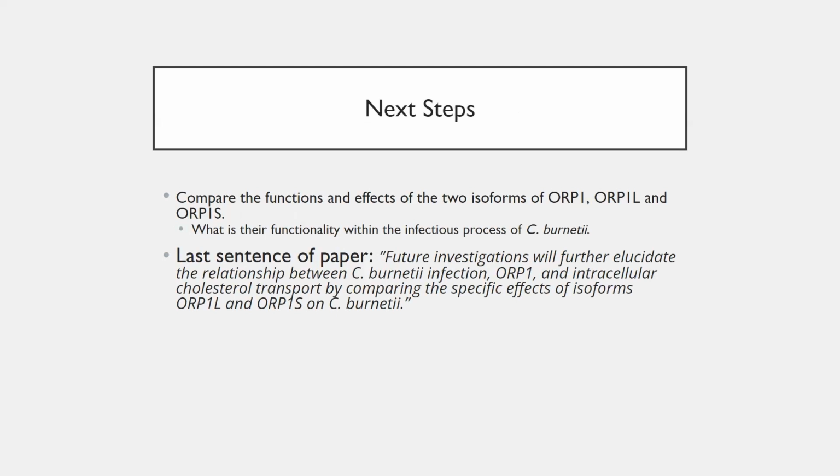The last sentence of the paper, which Dr. Reed had in her template, and I thought I might add as well, wraps this up pretty nicely. It says future investigations will further elucidate the relationship between Coxiella burnetii infection, ORP1, and intracellular cholesterol transport by comparing the specific effects of isoforms ORP1L and ORP1S on Coxiella burnetii.